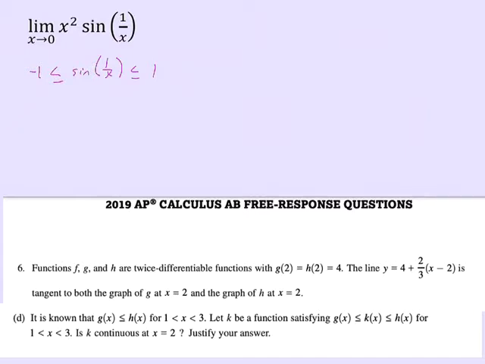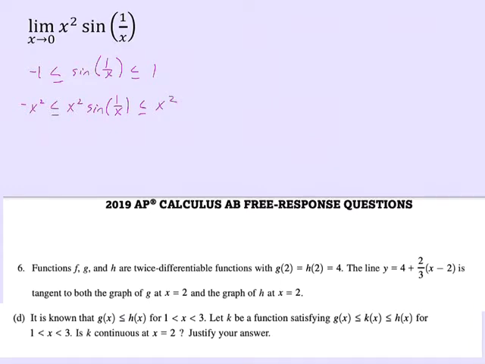Now we take that inequality and multiply all three sections by x squared, which is always a positive number. So when we multiply all three sections by x squared, we don't have to change the inequality symbol. What that leaves us with is that -x squared is less than or equal to x squared times the sine of 1 over x, which is less than or equal to x squared.